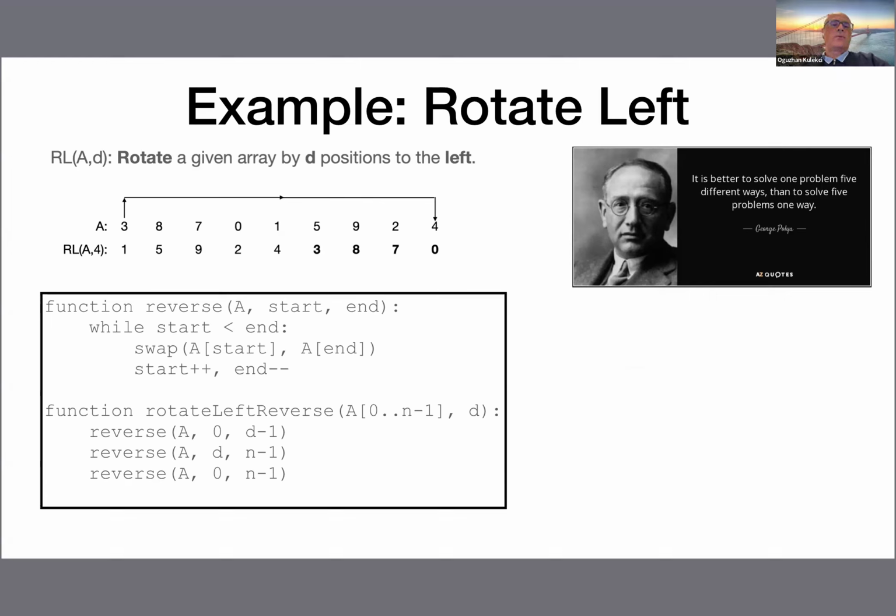First of all, for this solution, I'll be using two functions. I will need to use a reverse function, and this part is that reverse. Reverse is actually very easy. Once you are given an array, you will be swapping these elements, and then swapping these elements, and then these elements.